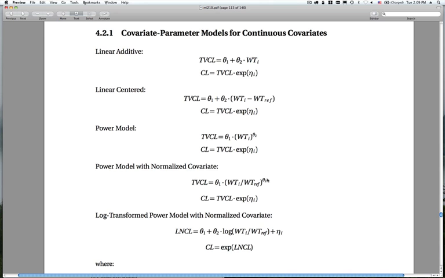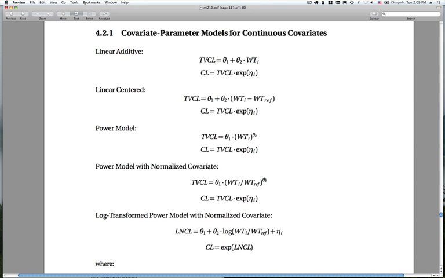Now this one has a nice advantage from an interpretation point of view, similar to the linear centered, in that when weight for the individual is equal to the reference, now you have 1 for this term, and so theta1 becomes the clearance associated with the weight for the reference individual. Theta2 is a power again.